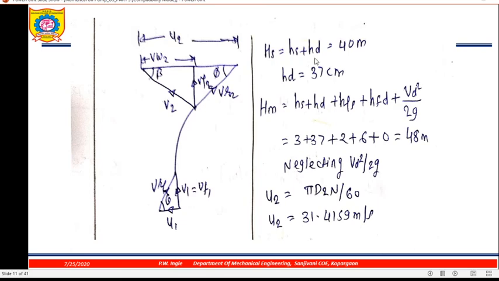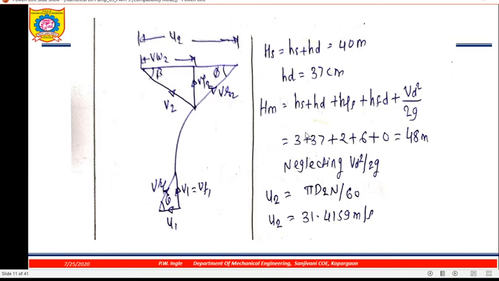Static head, okay, is the summation of suction head plus delivery head. So you are getting Hd as 37 meter. Then what is Hm? It is Hs plus Hd plus Hfs plus Hfd plus Vd square by 2g. So Vd is not given, that's why it is 0. Okay.